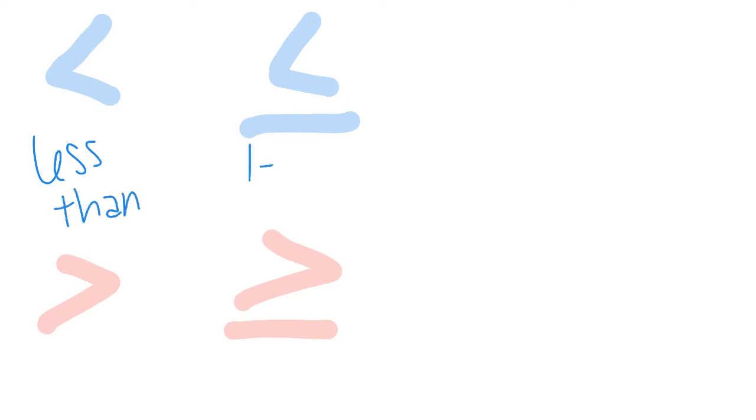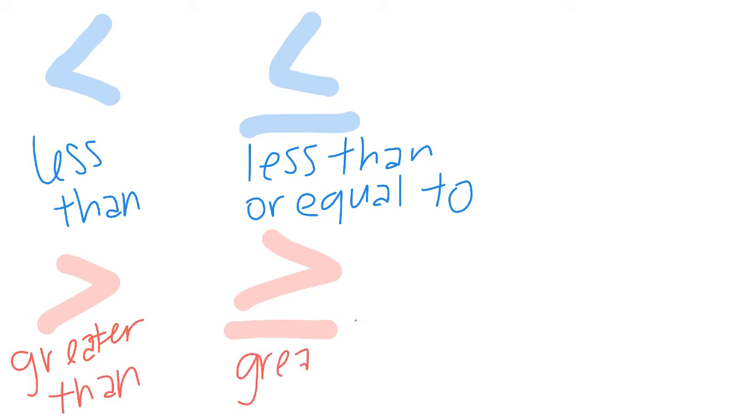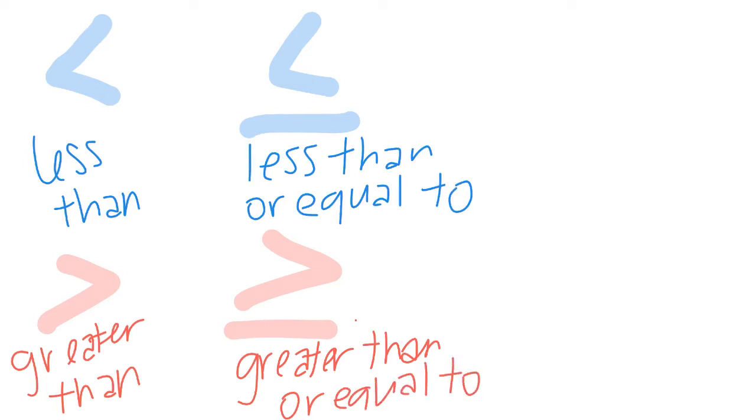Then we have less than or equal to. And we have greater than. And then greater than or equal to. All four of these are inequality symbols.